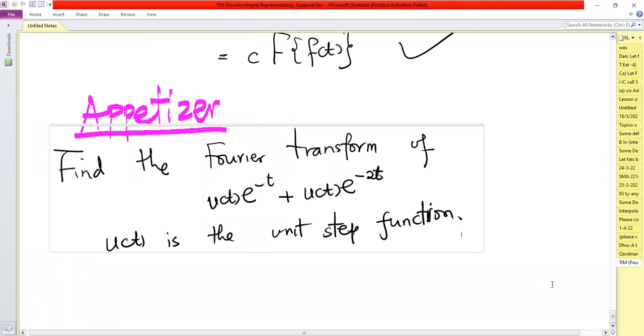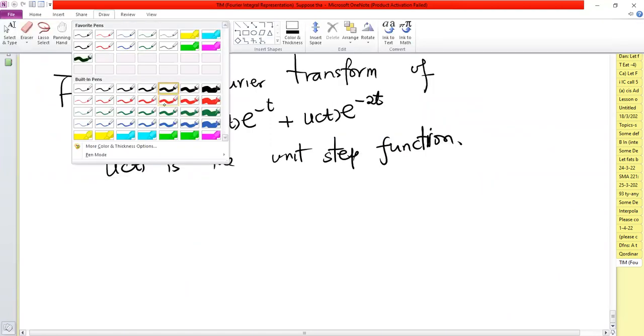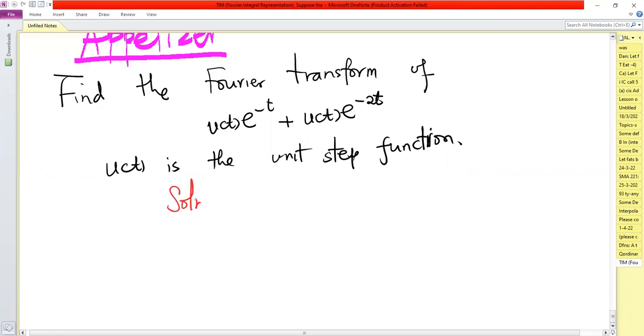So, solution for this. I will say the Fourier transform of u of t e raised to the power negative t plus u of t e raised to the power negative 2t.